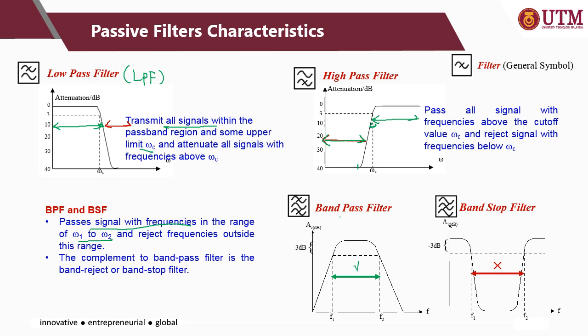Right, so for the band pass filter, BPF, the signal that lies within f1 and f2 will be selected or chosen, while for the band stop filter, the signal that lies within the same frequency band, f1 and f2, will be rejected. Okay, only the signal in this area will be chosen.